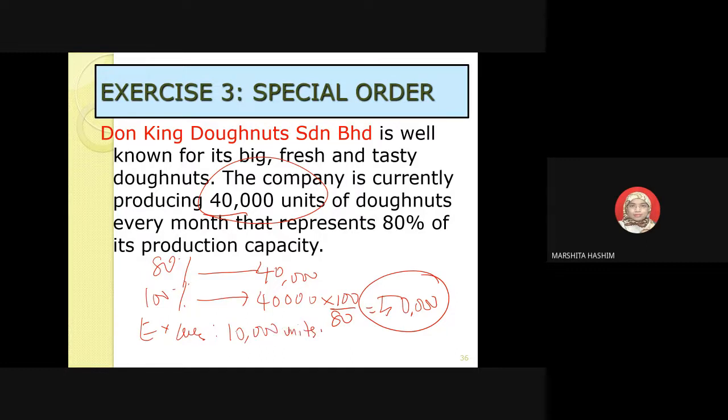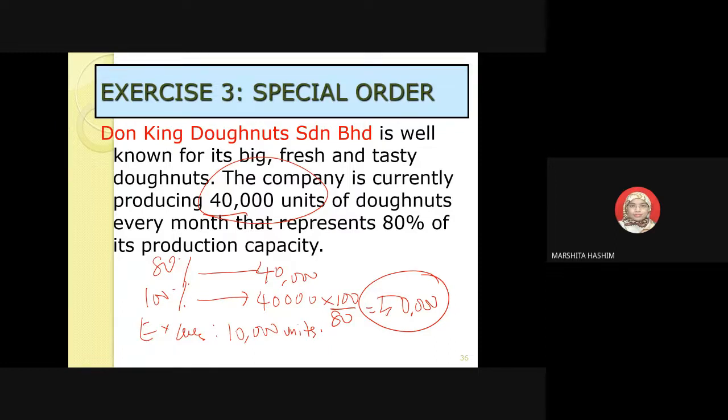If you receive order for 10,000 or less, that means you can fulfill, you can accept. However, if you receive order for more than 10,000, you still can accept, but before you accept, you must consider opportunity cost elements because your normal production, you already earn contribution margin.